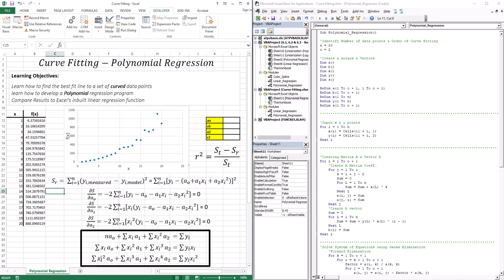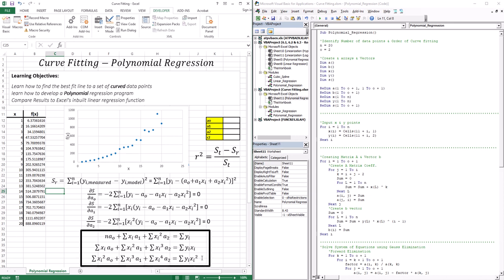We also have the same sum here and here. The sum of xi cubed, we have it here as well, and the sum of xi to the fourth. Okay, we also have those three sums here, the sum of all the y points, xi multiplied by yi, all summed, and also xi squared multiplied by yi, all summed.